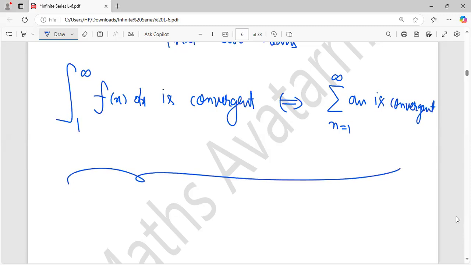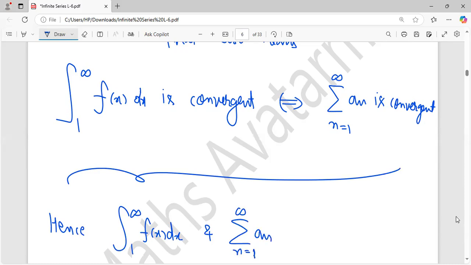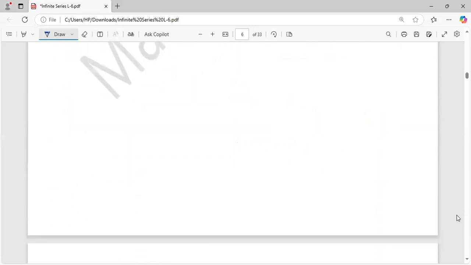This means the integral from 1 to n of f(x) dx and the summation of an from n equals 1 to infinity both converge or diverge together. Okay, so the theorem is proved.